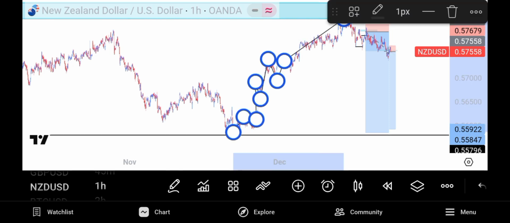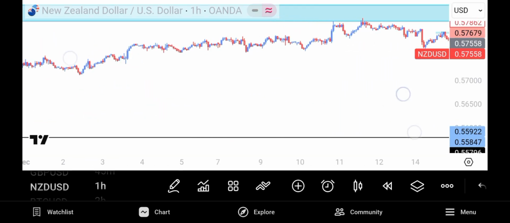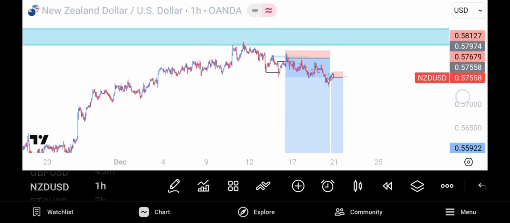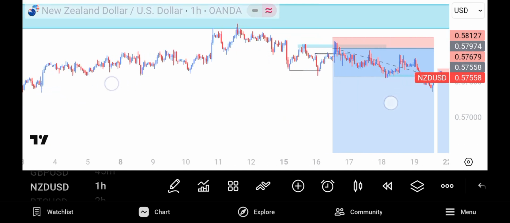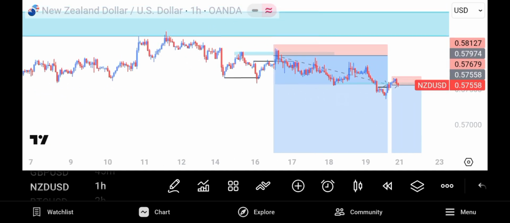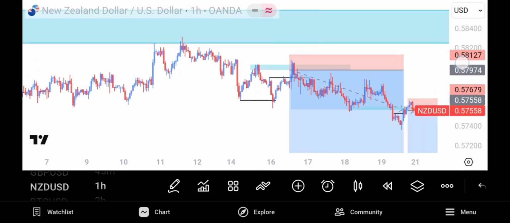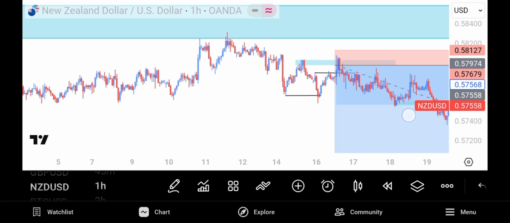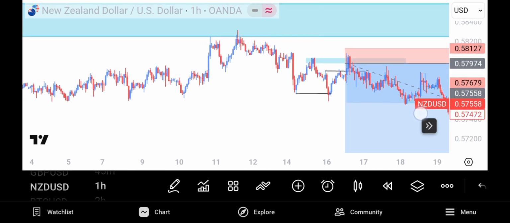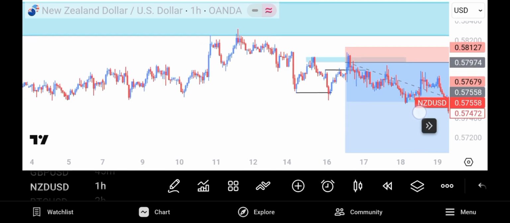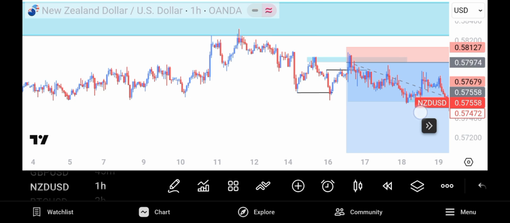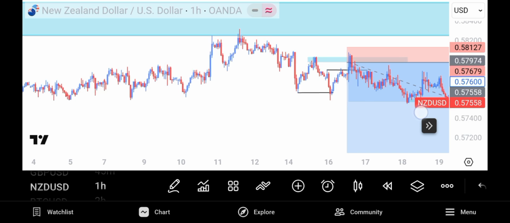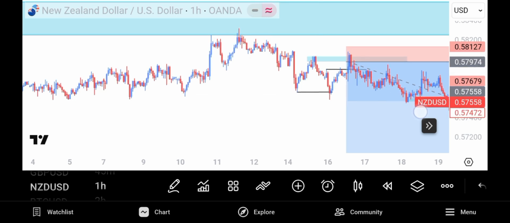So like that till we got to this point here, right? So when we got to this point, for you to now get your entry, using what the higher time frame is showing us, or has been showing us, we then look for, okay, since we are at the resistance, what do we need to see for us to say that this market has actually changed its direction in line with the higher time frame?